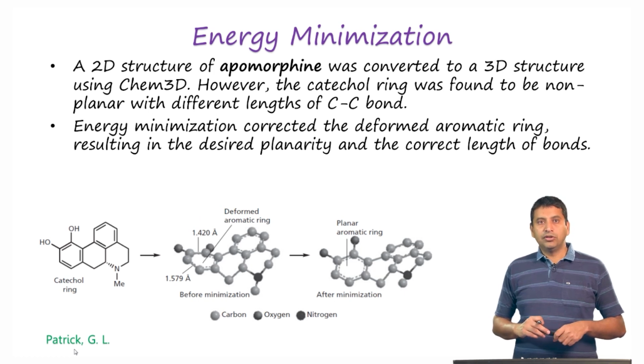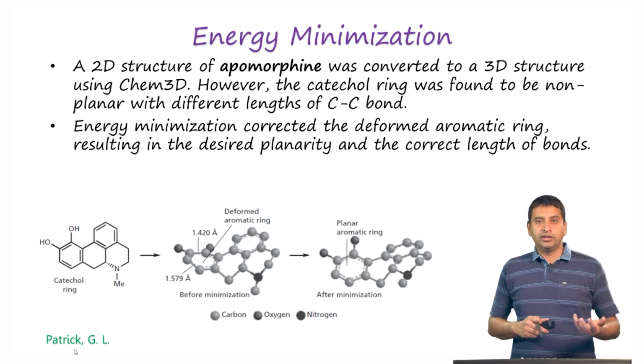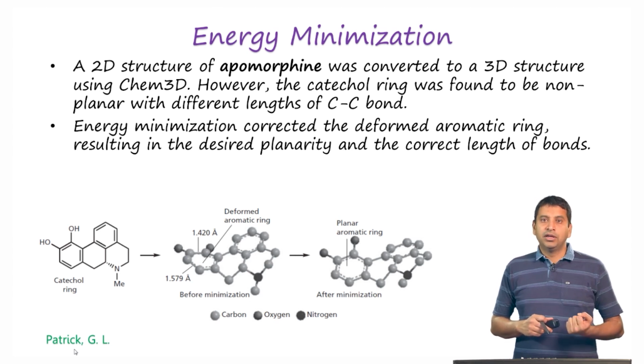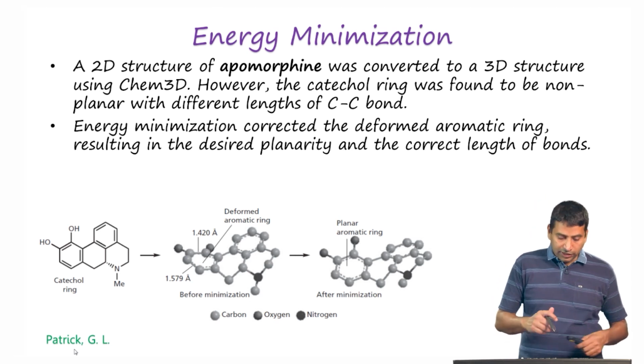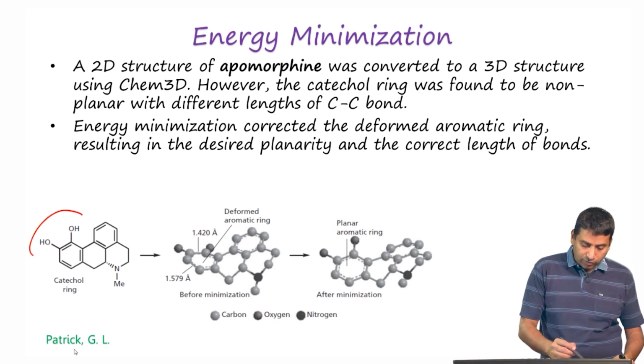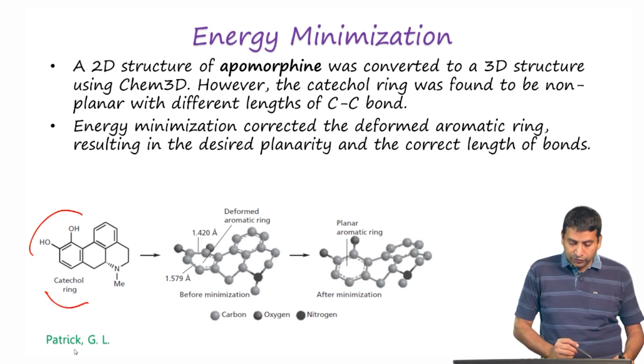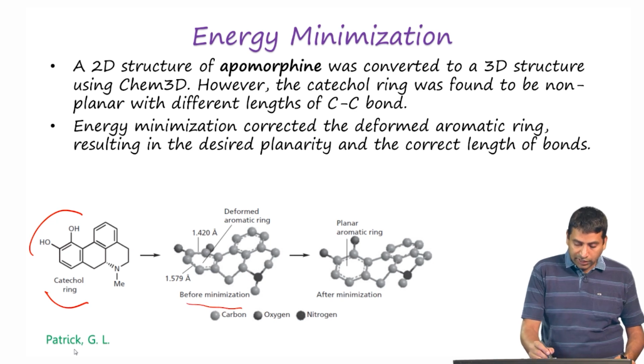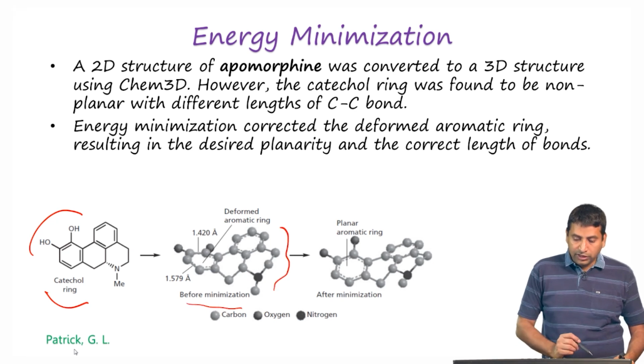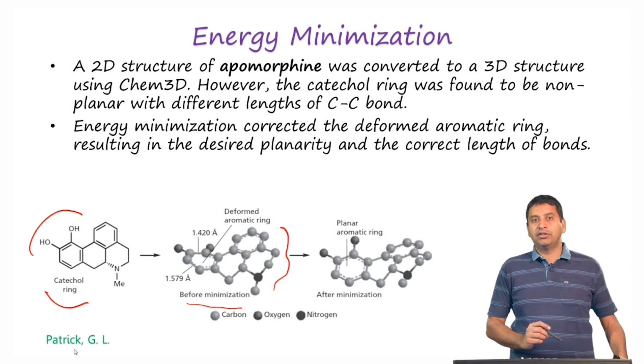So, here is an example. We take a 2D structure of apomorphine and then we convert it to this 3D structure using Chem 3D. If you see here, the structure has a catechol ring over here, and before you minimize the molecule, you have a catechol structure, and the rest of the molecule is actually non-planar and has different carbon-carbon bond lengths.